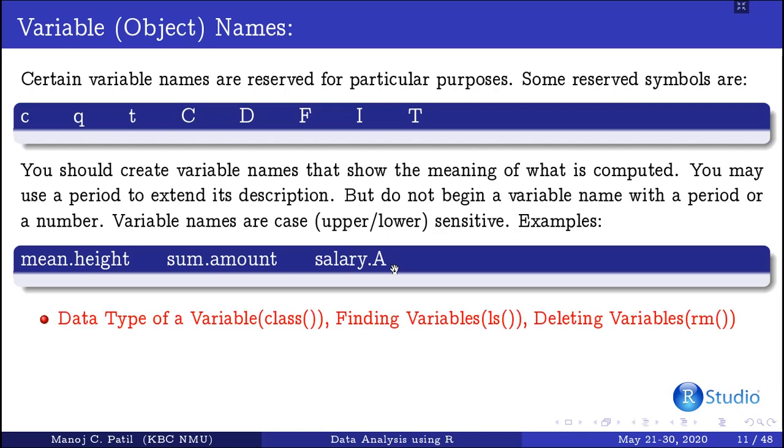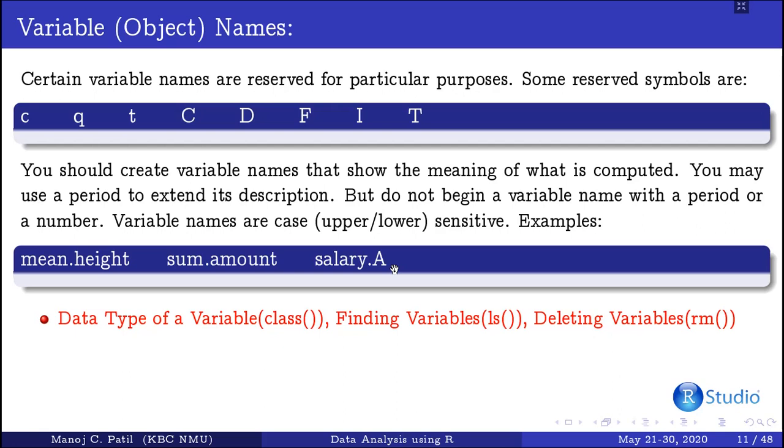Remember that. To observe the data types, we will see in the next slide also what the data types of the variables are. To find the variables, we can use the command ls, which lists the variables available in the environment.